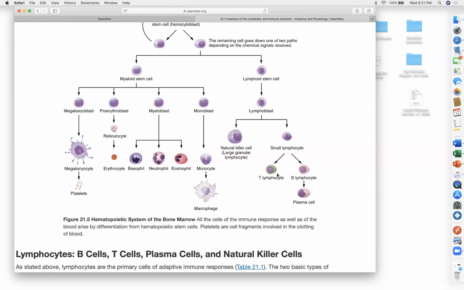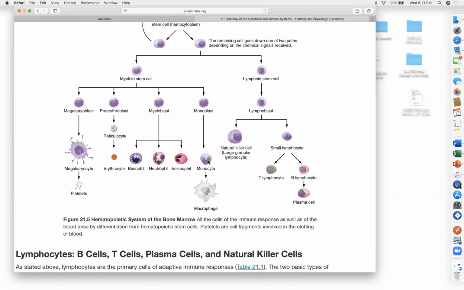And also the other lymphocytes, which are your T lymphocytes and B lymphocytes. And your B lymphocytes are the ones that produce antibodies. So NK cells, T lymphocytes, and B lymphocytes are agranulocytes. So these are your granulocytes, and these are your agranulocytes.